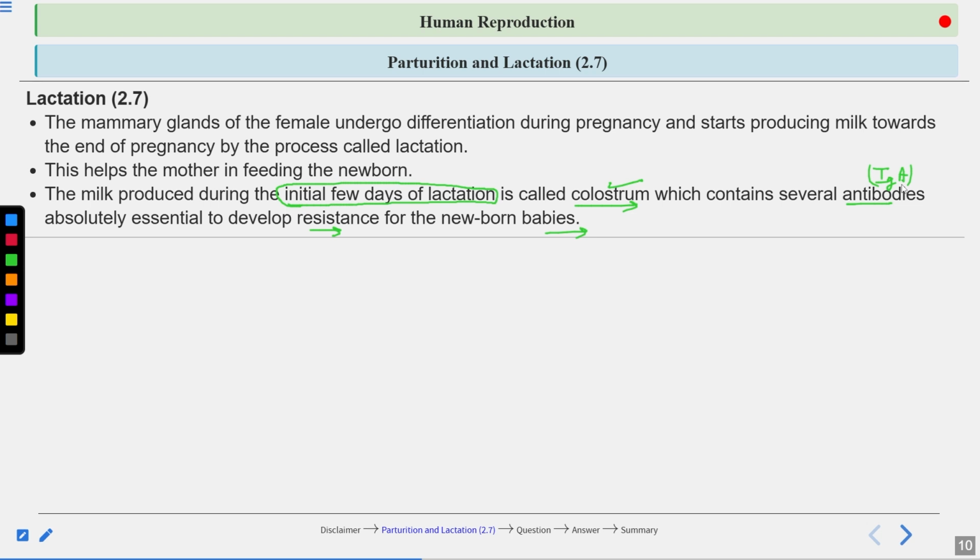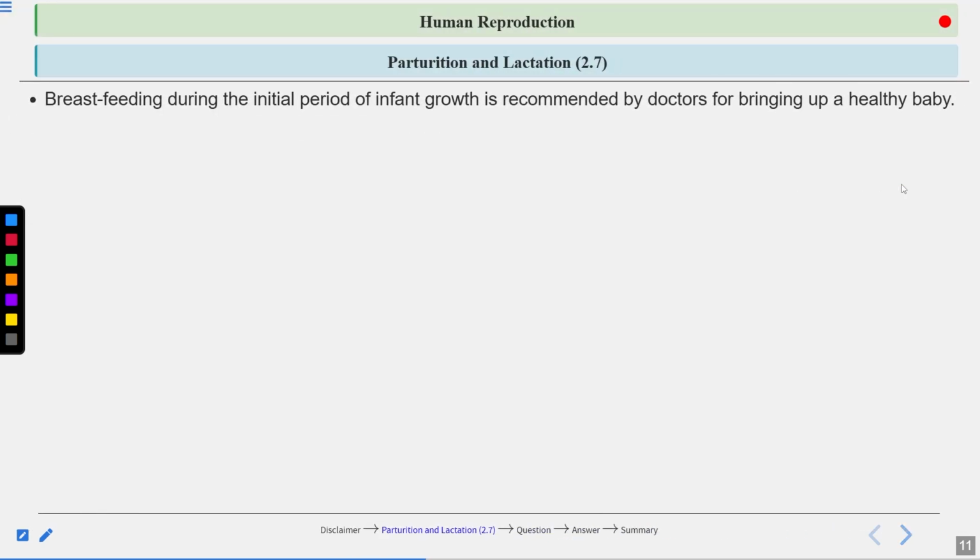Initially it is not that rich in fats, but after a few days it becomes rich in fat as well as calories. Breastfeeding during the initial period of infant growth is recommended by doctors for bringing up healthy babies. The reasons are that it is very nutritious and consists of vitamins such as vitamin A, B12 and K. It consists of antibodies also. These antibodies can provide protection against many pathogens.